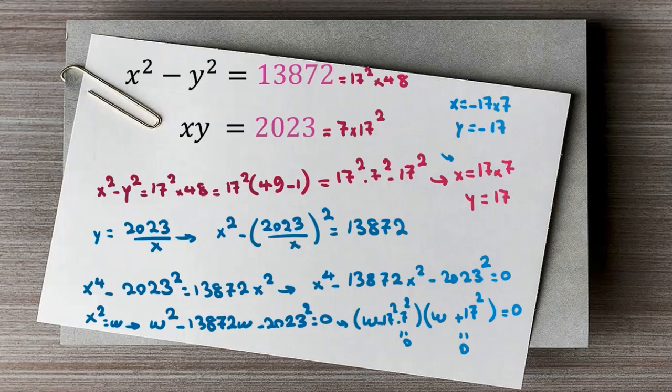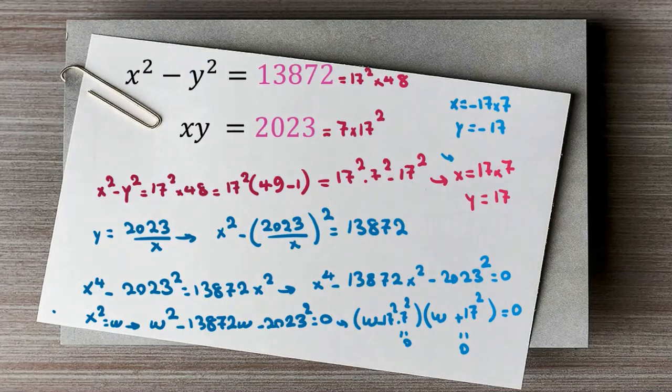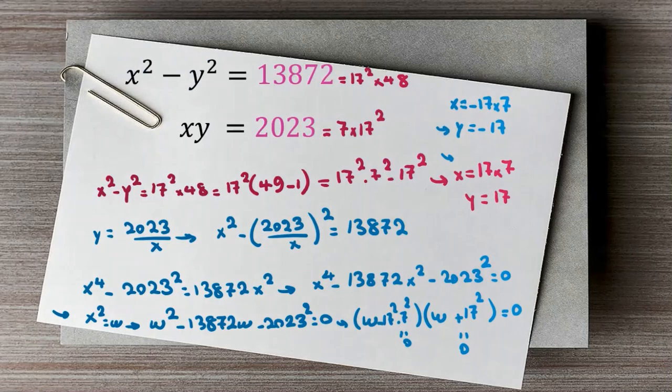So the first term is 0 or the second term is 0. If the first term is 0, you reach w equal to 17 squared times 7 squared, and because w is x squared, x equals plus or minus 17 times 7, the answer that we reached at the beginning of the solution. And if x is 17 times 7, y is 17.